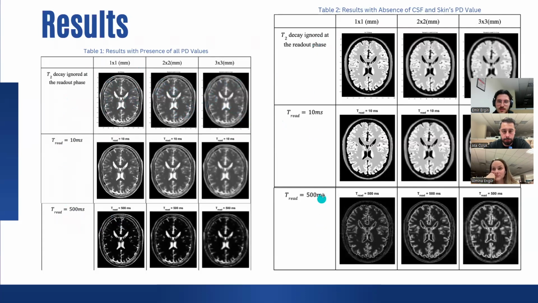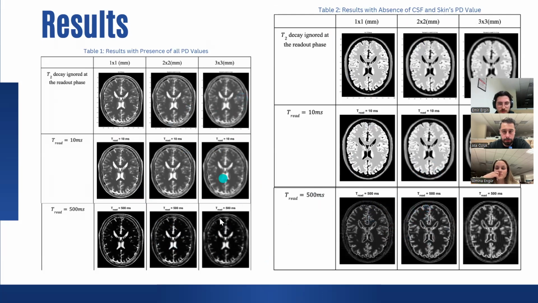And here are the same results with the absence of cerebrospinal fluid and skin proton density values. We also did this because of the high T2 value of these tissues. The effects are hard to see in the first table, so we implemented this as well.